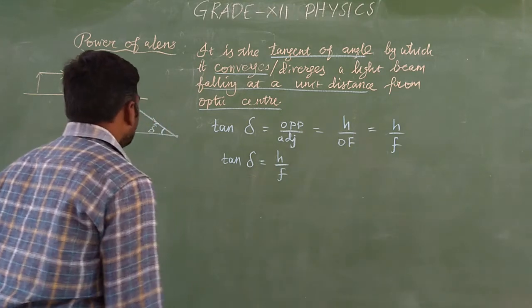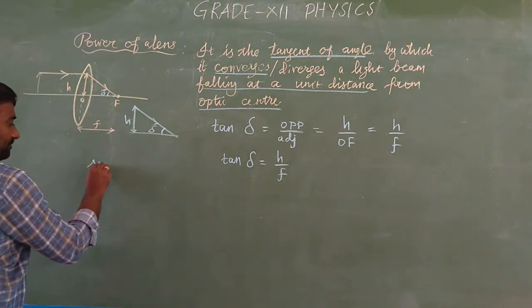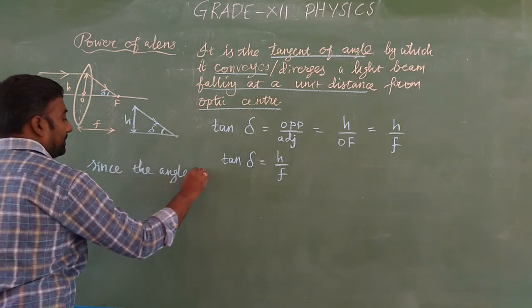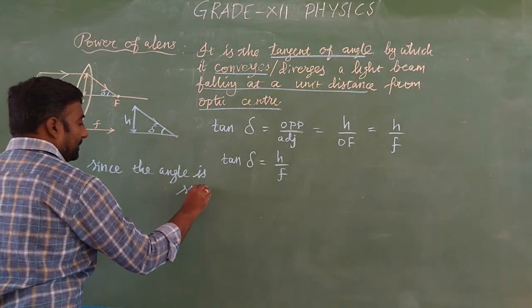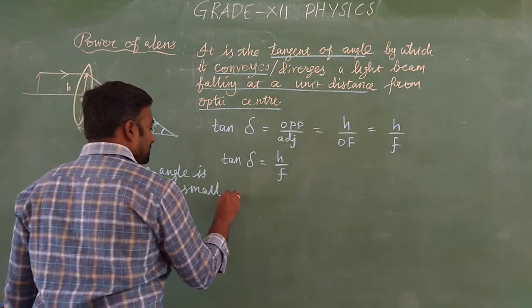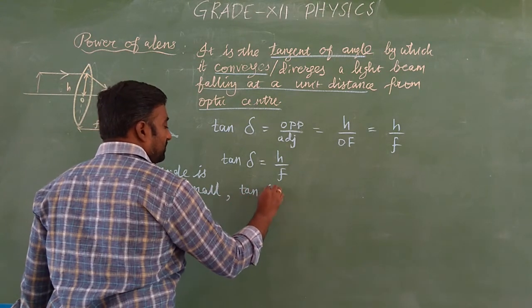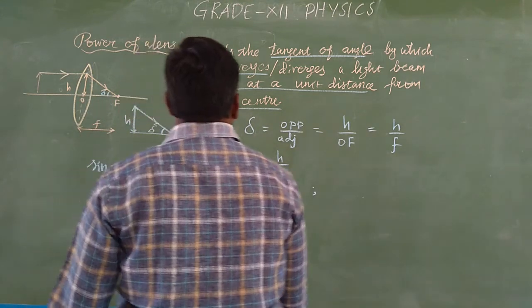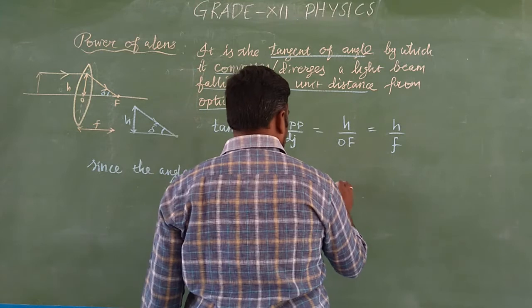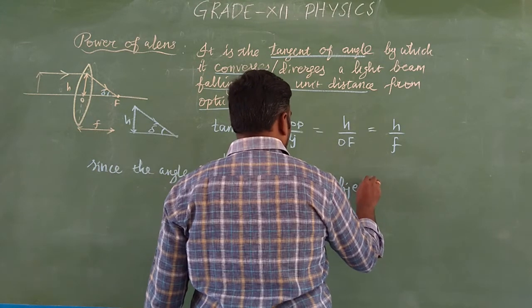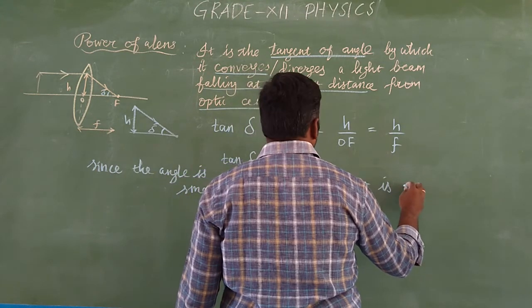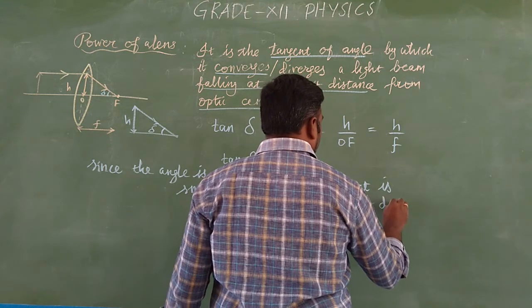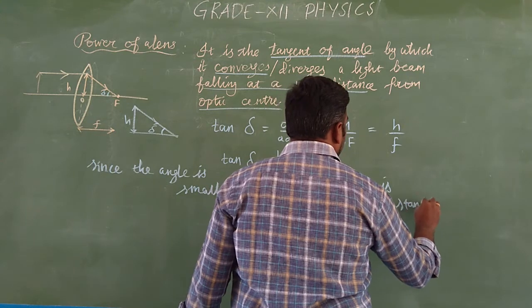Since this angle is small, tan delta we can consider as delta, and the object is placed at a unit distance.